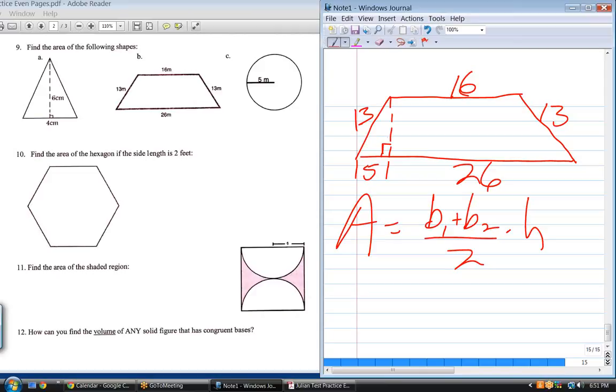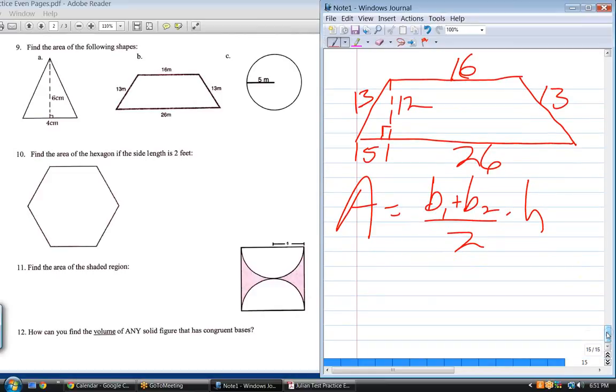What's the next one above that? Put that on your card. 5, 12, 13. Since we're looking at a 13 and a 5, this has to be 12. Now we have the height. So now we're ready to figure out the area.